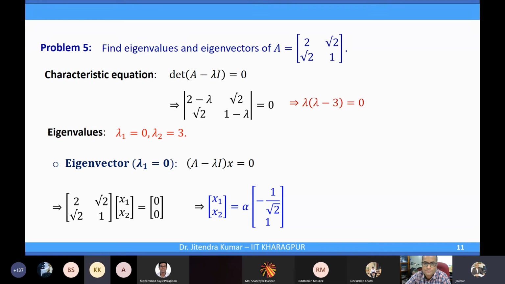Sir, is there any property like the sum of the lambdas is the trace of the matrix? Yes, and the product of the lambdas equals the determinant.